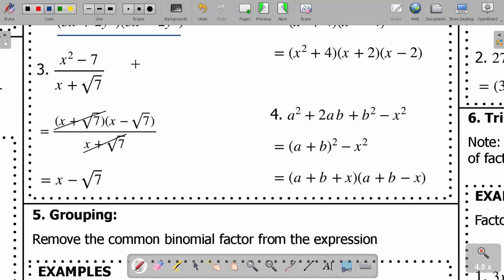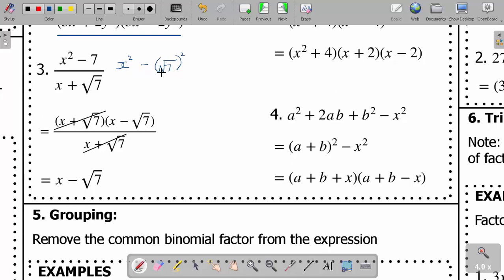You see, I can write it as x squared minus (root 7) squared. Now you can see that because this square cancels the root sign, it is back at the 7, so it is the same thing.